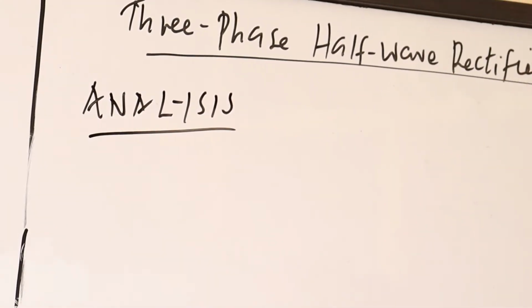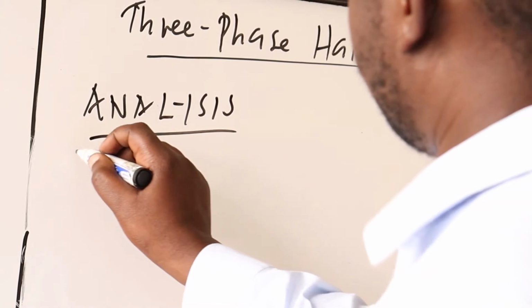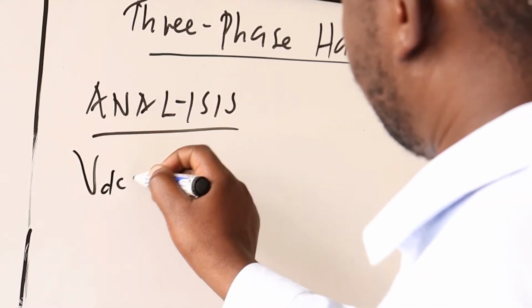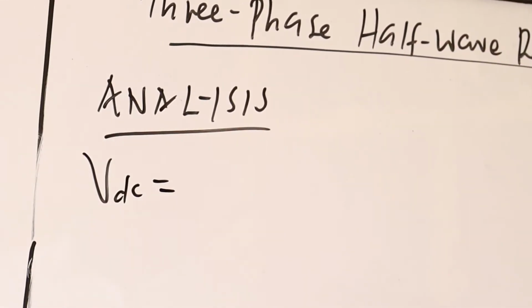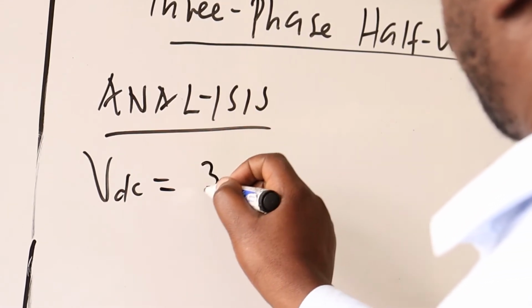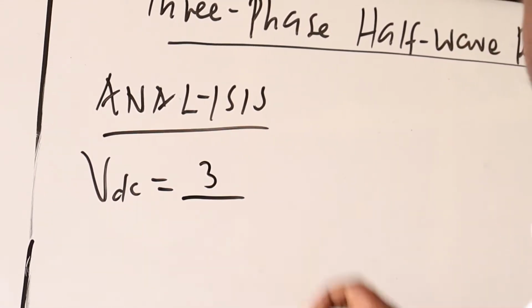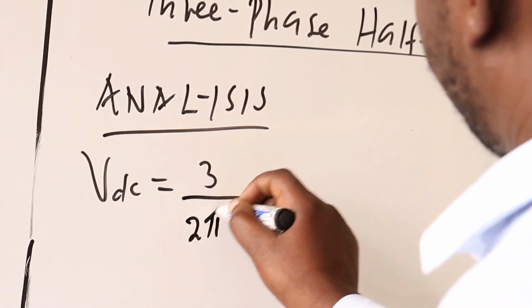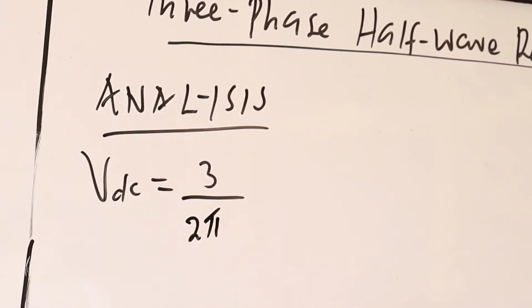So VDC, we have 3 phases, so 3 all over 2 pi, that is the period.